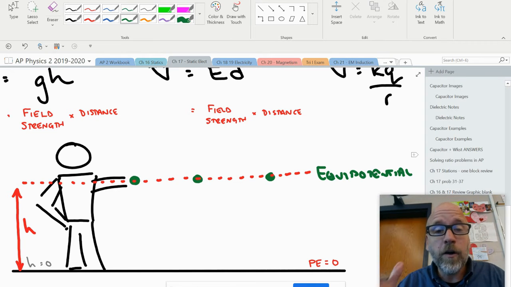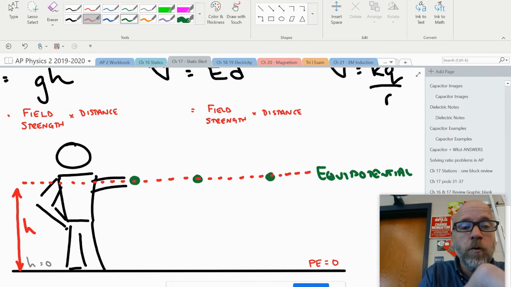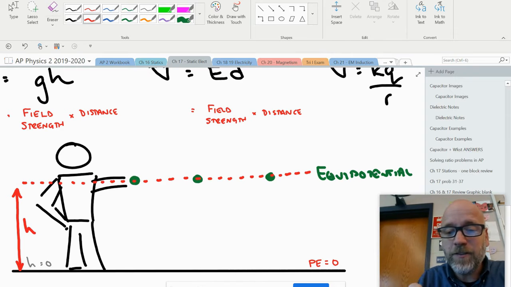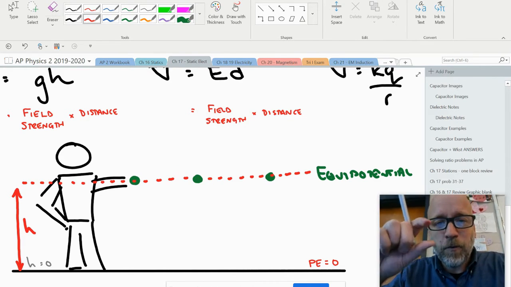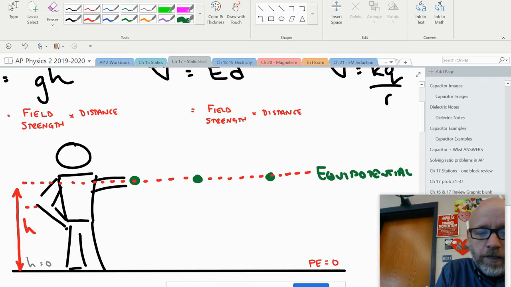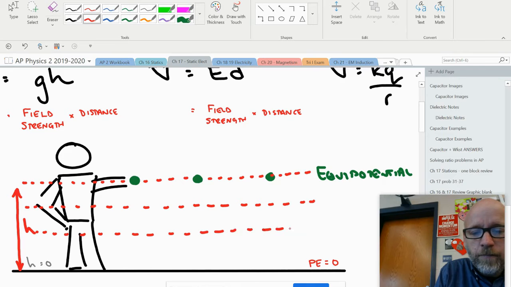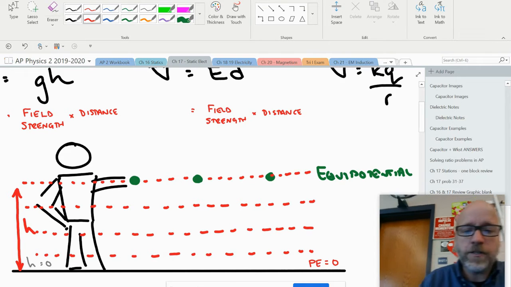And that is true for any horizontal line that I draw in this diagram. So just drawing a horizontal line isn't enough. If I'm going to draw a horizontal line like that, what I need to do is make sure that each separation of dotted lines is equal to the same thing. So everywhere along this line has the same potential.